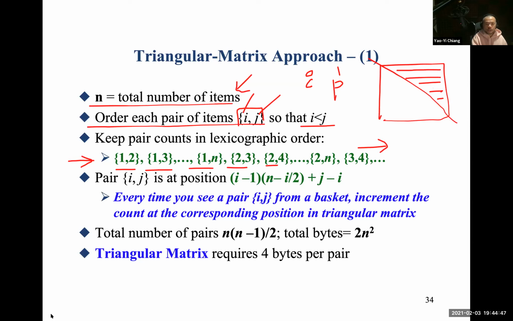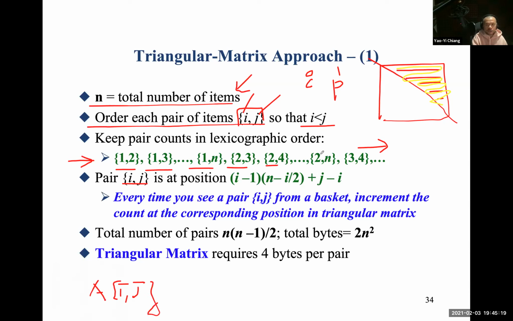When you are scanning this one-dimensional array, we come back to the beginning and do this, and do this, and do this. So you don't really need a two-dimensional array, because if you want to find the counter for the pair ij, remember before I told you you can use a[i][j] to find it.